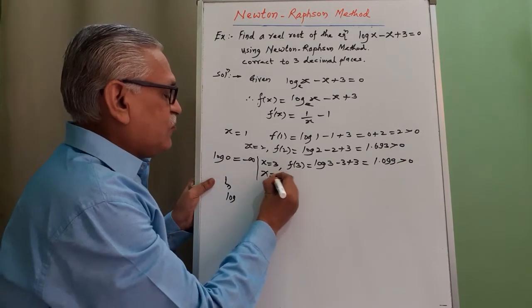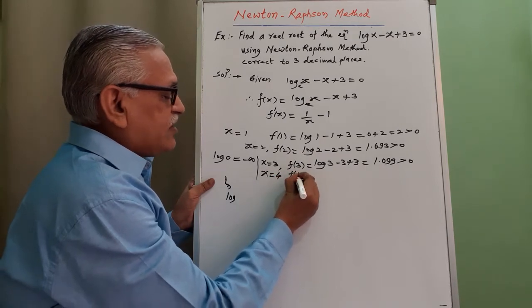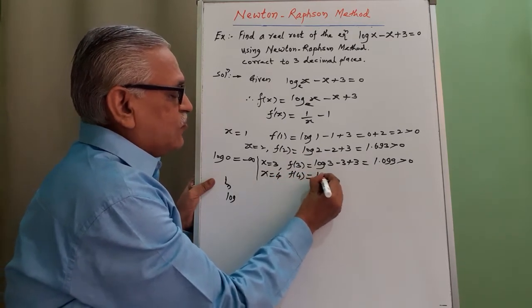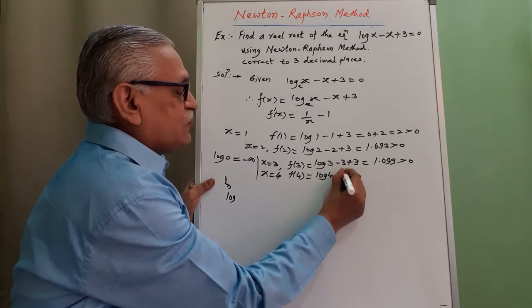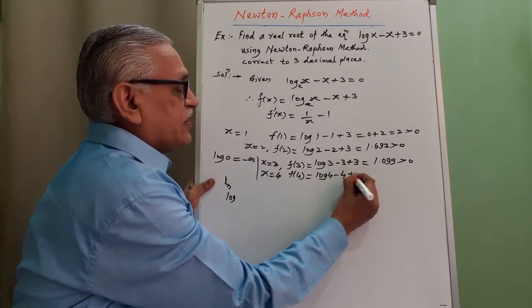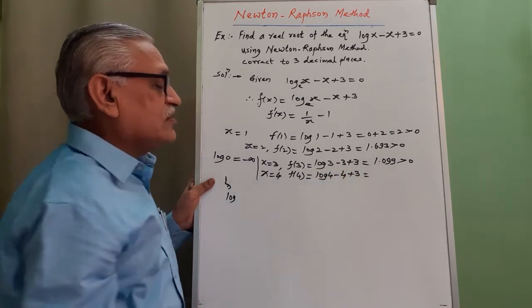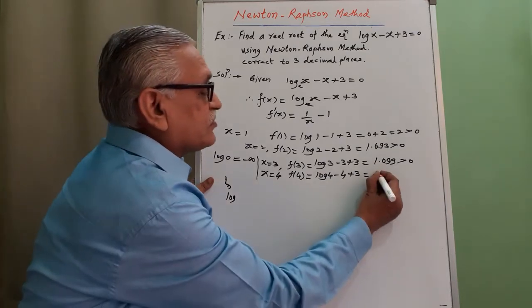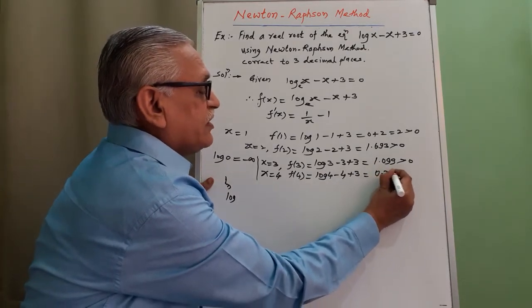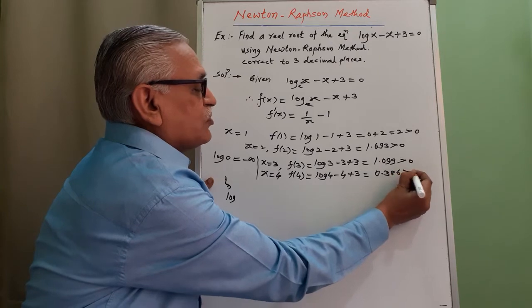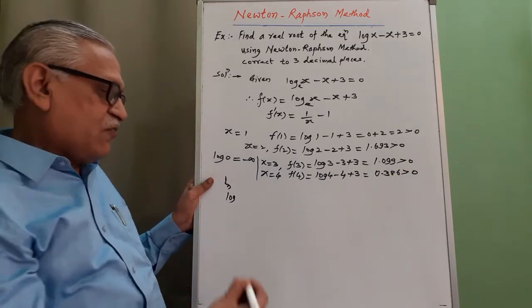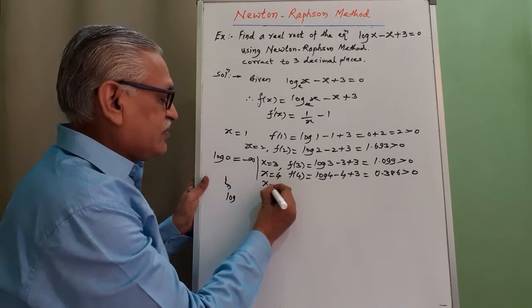For x is equal to 4, we get f of 4 as log 4 minus 4 plus 3, which is 0.386. Once again positive. Therefore, one more value we require to find.